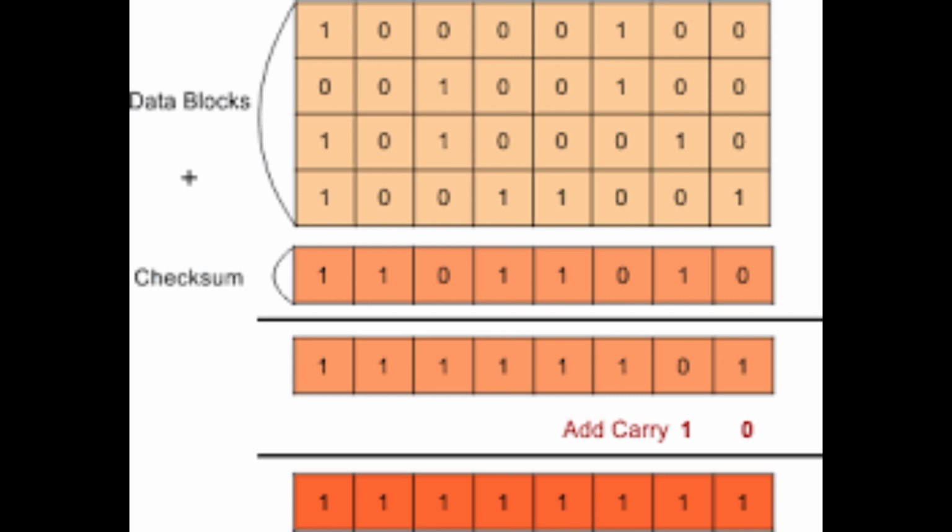When the data is later retrieved or transferred again, a new checksum is calculated from the received data. If this new checksum matches the originally transmitted checksum, it indicates that data has not been altered or corrupted during the process. However, if the checksums do not match, it signals a potential issue with the data.